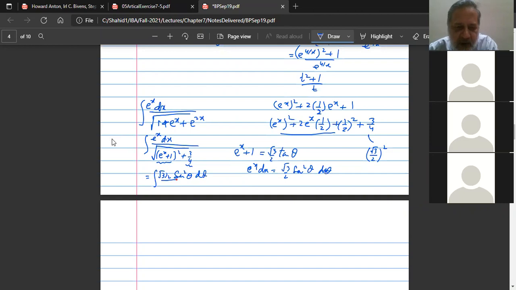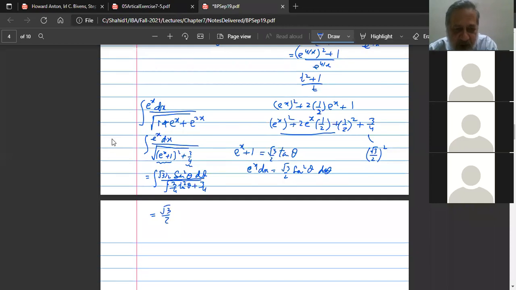And in the denominator we have what? In place of e power x plus 1 whole square is 3 by 4 tangent square theta plus 3 by 4, and from the numerator the constant root 3 by 2 comes out.